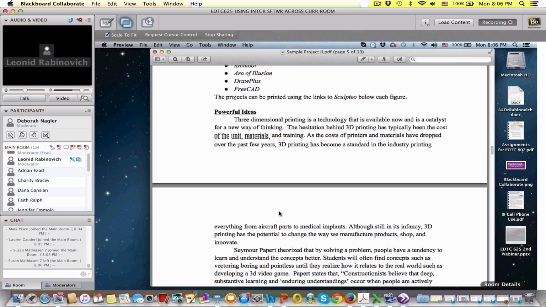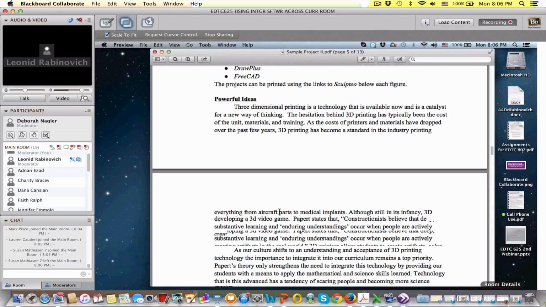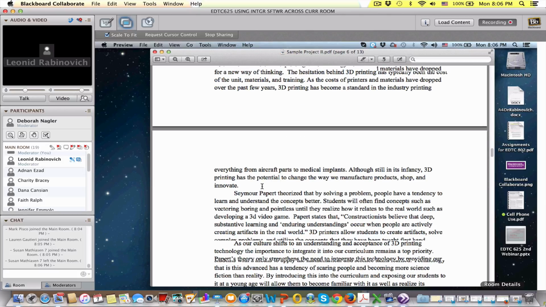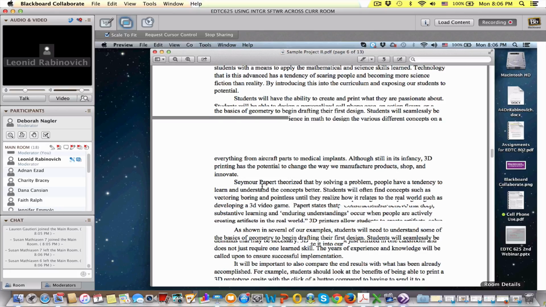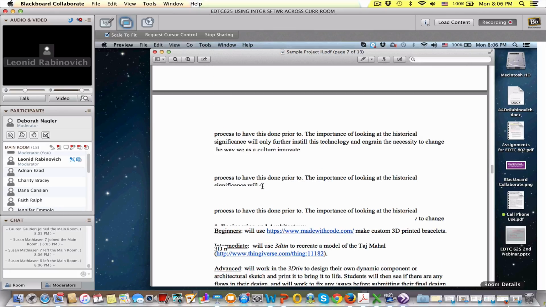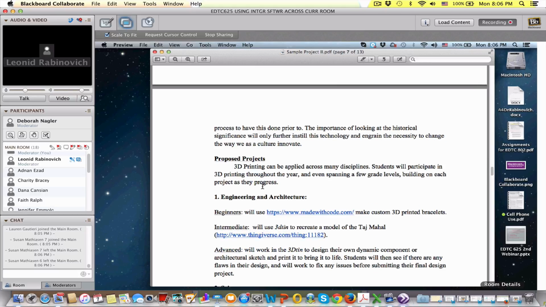And what I like about this project, again, is that they connected to the Papert theory, and also they provided sample projects in different disciplines.